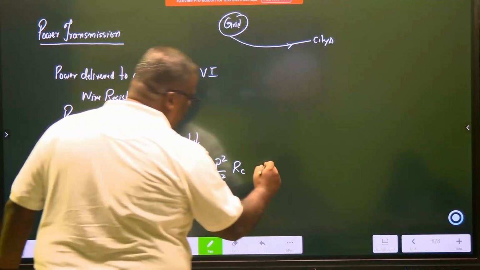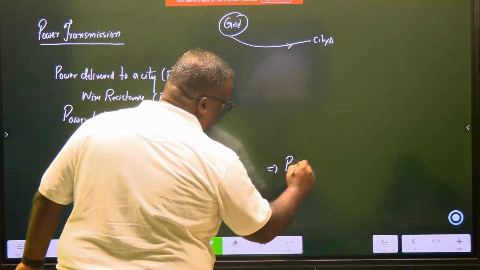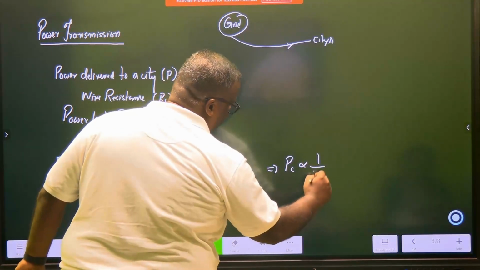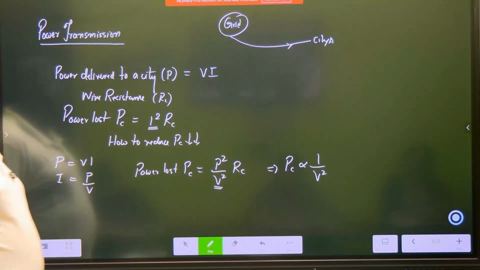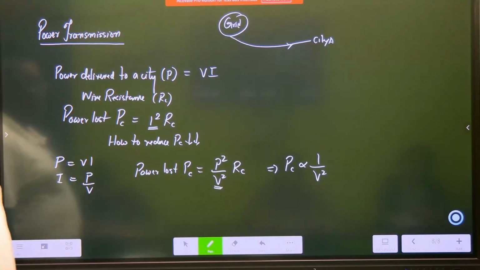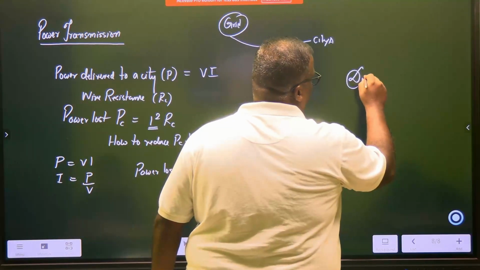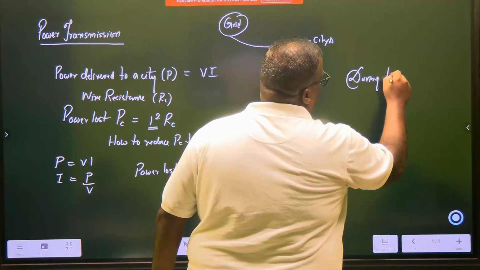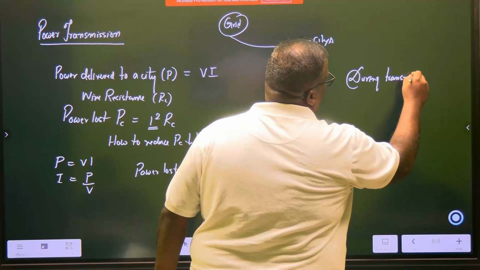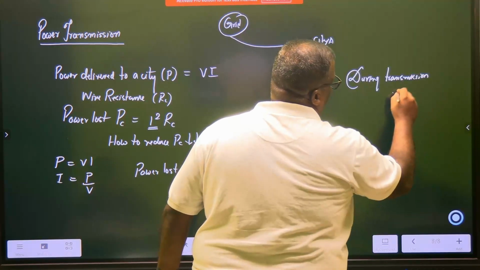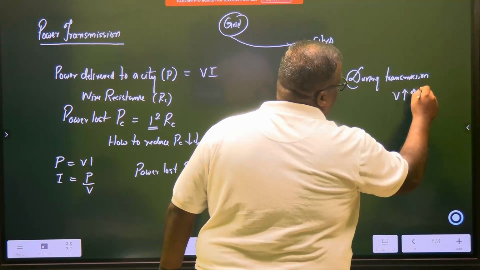From this, we can infer that the loss of power is inversely proportional to the square of the voltage. This gives us a very nice indication. So what we do during transmission, the voltage is always jacked up.